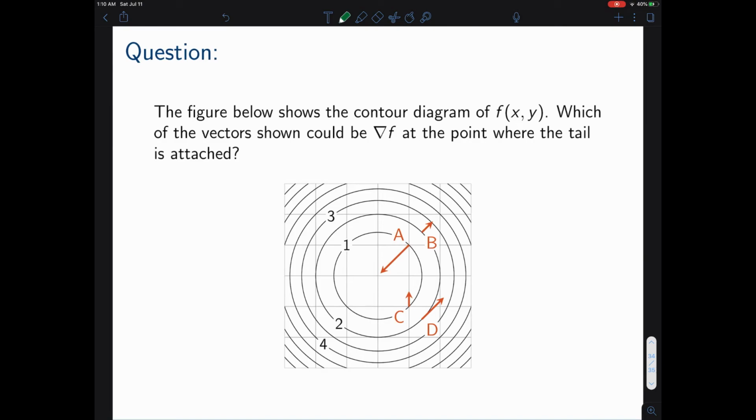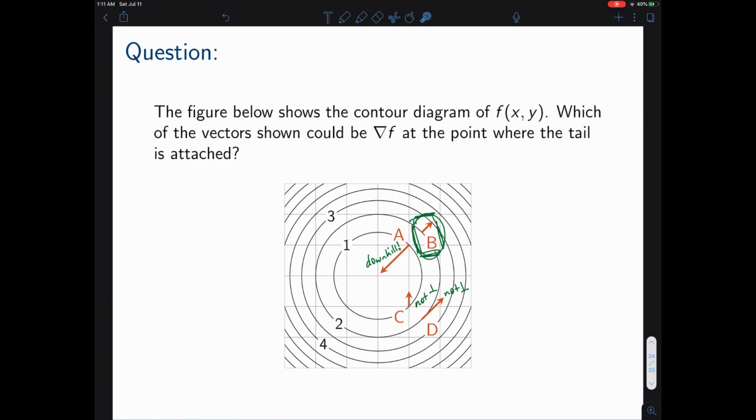The answer is B. B is the only one that could be the gradient vector. A, it points downhill. The gradient is supposed to point uphill. C and D, these are not perpendicular to their level curves. In fact, D is tangential, right? It has a 0-degree angle to its level curve, and C looks like it's at about a 45-degree angle.